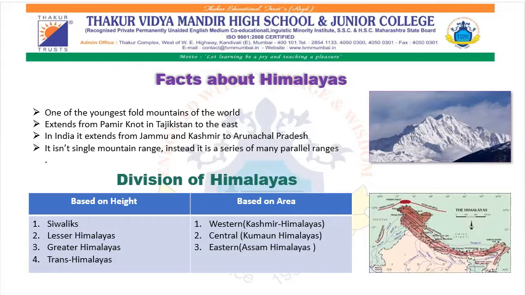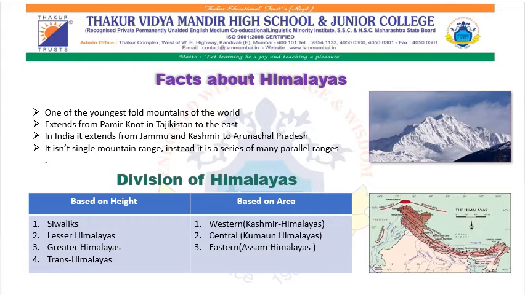Now, according to the height, the Shivalik is the lowermost range with the height of about 900 to 1100 meters. The second one is the Lesser Himalayas, which is also known as Himachal. Now, the height of this range is about 4500 meters.